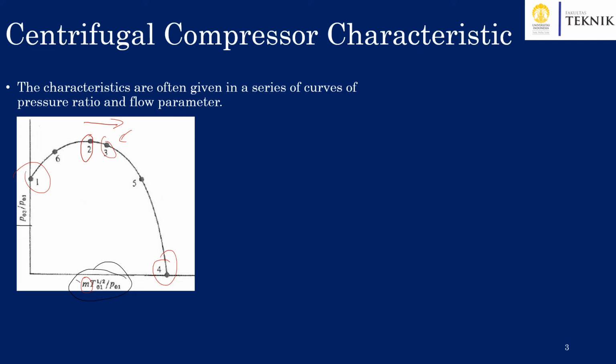As this is just a theoretical curve, point 4 in actual conditions will never be reached for some reasons. The first reason is surging, and the second one is stall.